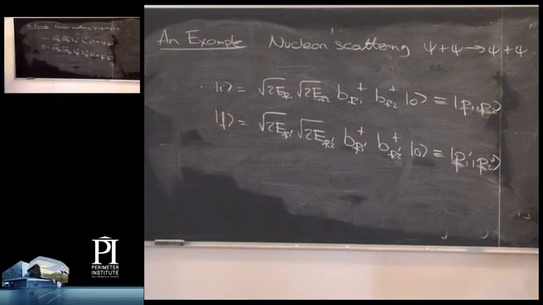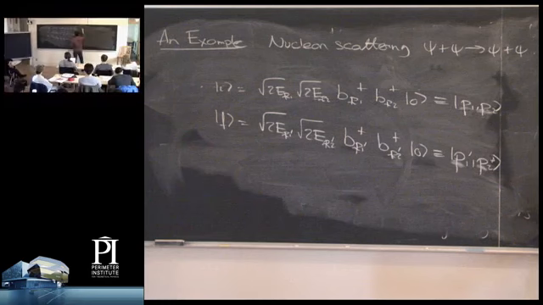Okay, so what do we want to compute? We want to compute the probability for this state with some momentum to turn into this state. So actually, if these momenta are exactly the same as these momenta, there's something trivial that can happen, which is the two particles come along, they don't do anything at all, and they keep going along.